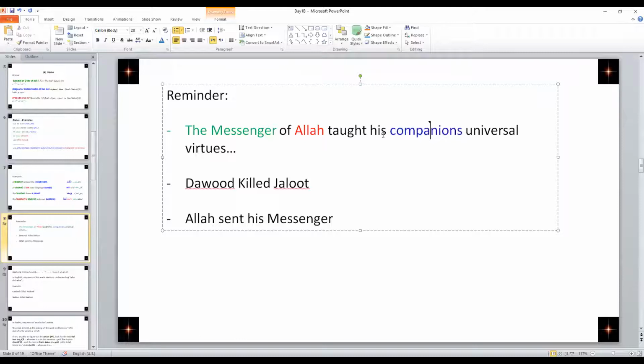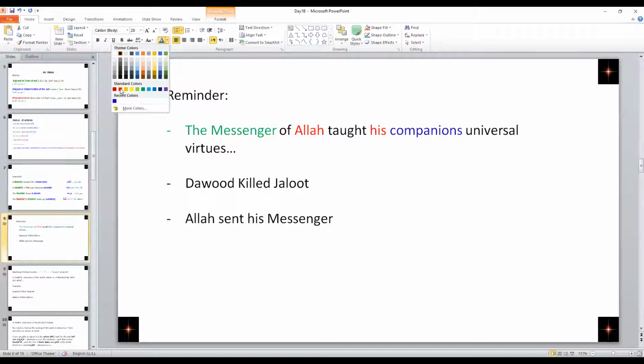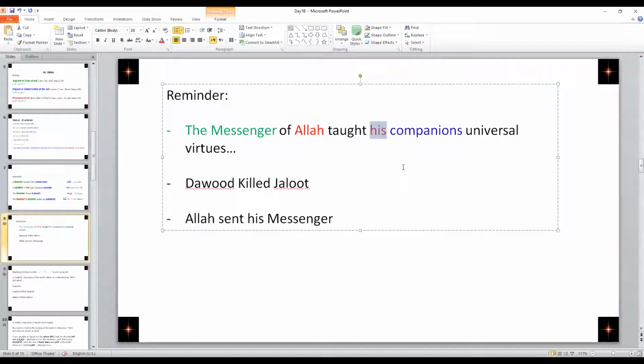And his here is actually in a possessive case, like saying companion of his. So this will be in jar status. And the values, or universal values, the whole of that is also in nasb status, because these are the things that he taught.